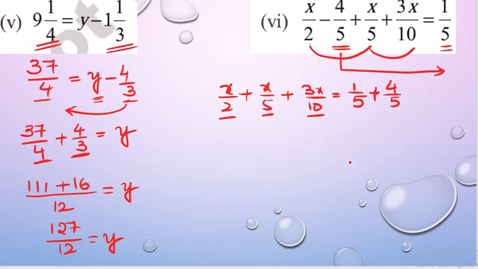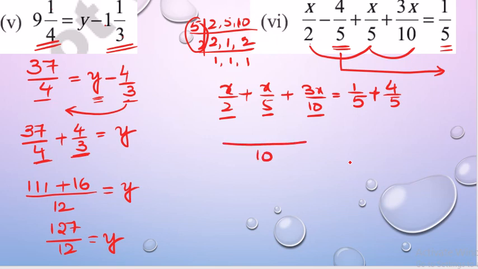So what is the LCM of 2, 5 and 10? Take the LCM of 2, 5 and 10. In the 5 table, 2 as it is, 5 one time, so 10. In the 5 table 10 2 times, in the 2 table 1 time and 1 time, so 5 2s are 10. So the LCM of this is 10.